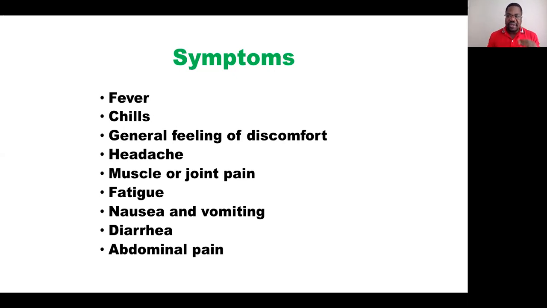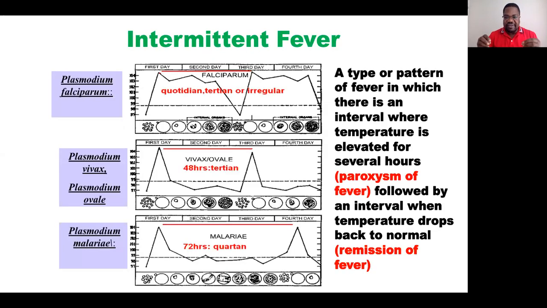And that fever is what we call an intermittent fever. An intermittent fever has specific characteristics that you need to know to suspect malaria, especially if you associate that with a travel history in an endemic area of malaria. With the presence of intermittent fever, you can think of malaria among your list of differential diagnoses.